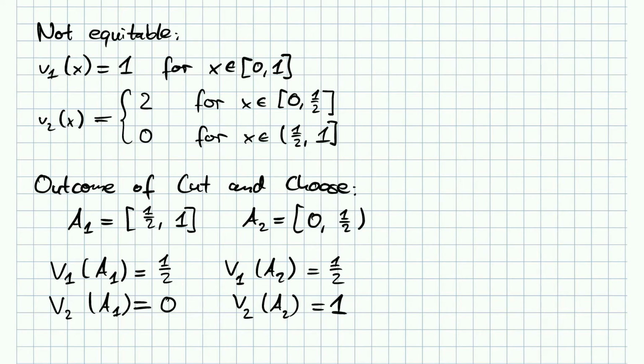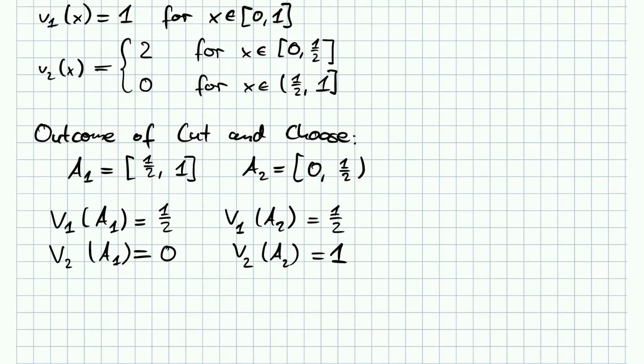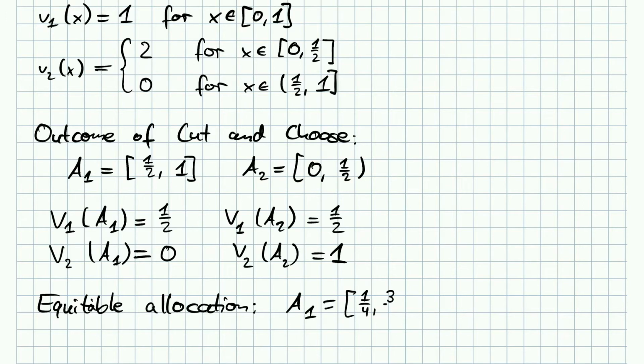But there is actually an equitable allocation. Namely, we could set a1 to the interval of 1/4 to 3/4, and a2 to what is left. So we'll take the interval from 0 to 1, take away a1.